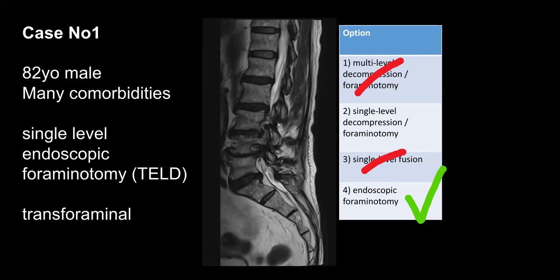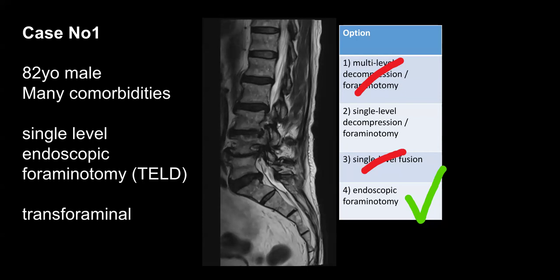And when you compare with your fusion skills, I guess many of you are faster than 2 hours. But time is not the most important factor. I think it's less invasive than any open approach. And if you can free the nerve root with this technique, I think it's a good solution for the elderly patients with comorbidities.